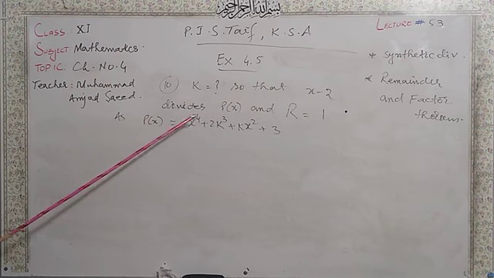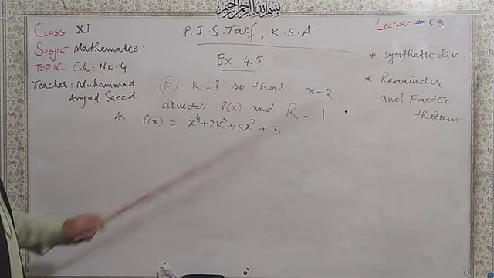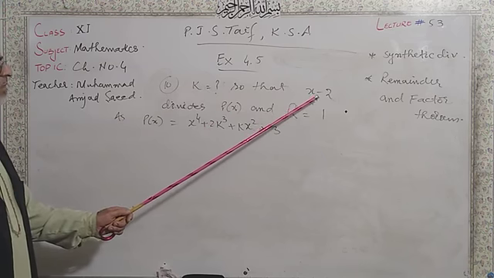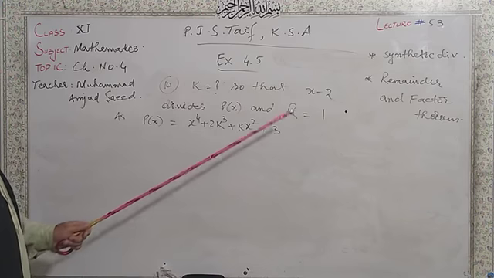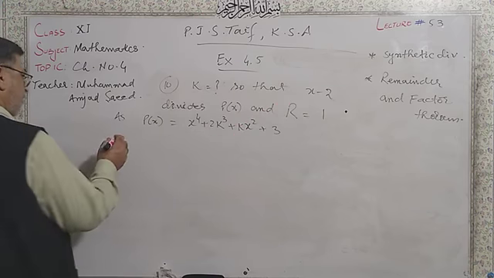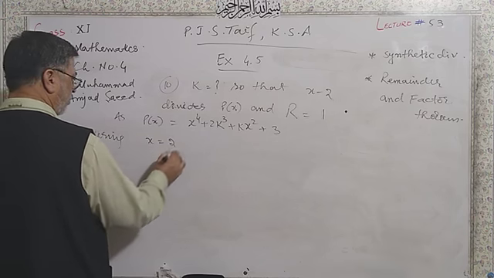This is the polynomial p of x and it is divided by x minus 2. Remember that if p of x is divided by x minus 2, then we will apply x is equal to 2 as a root.